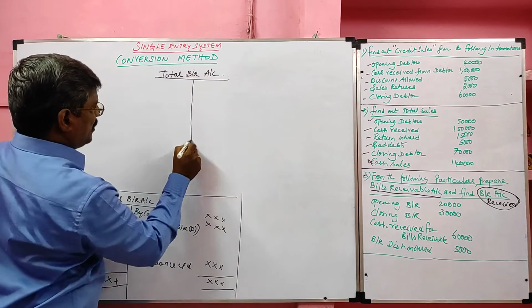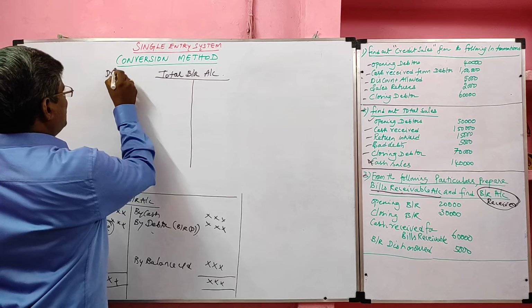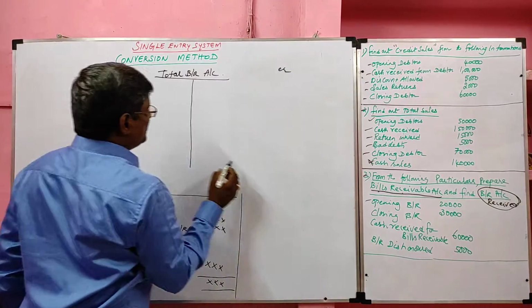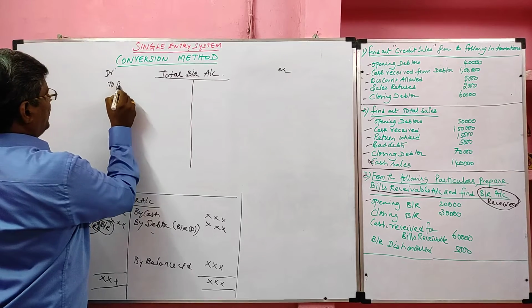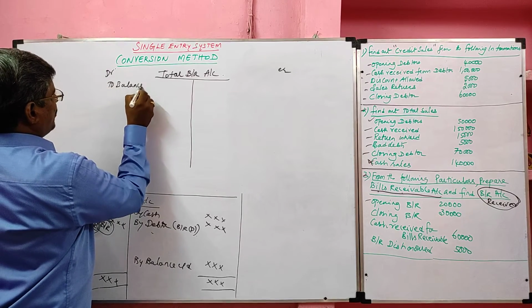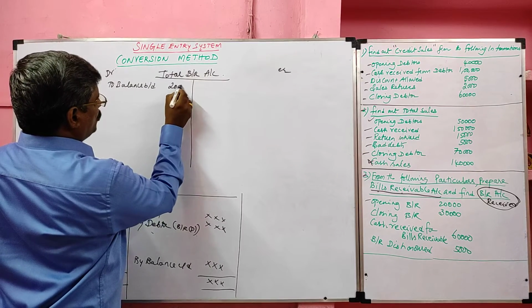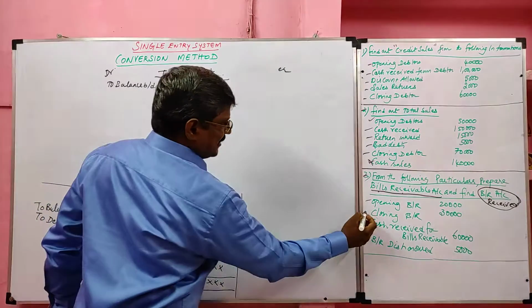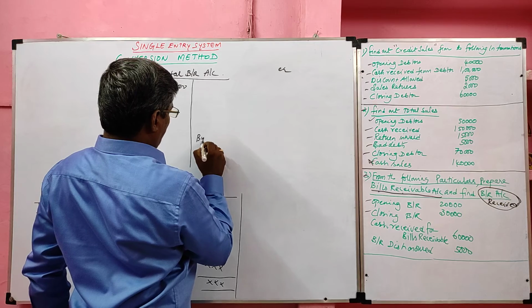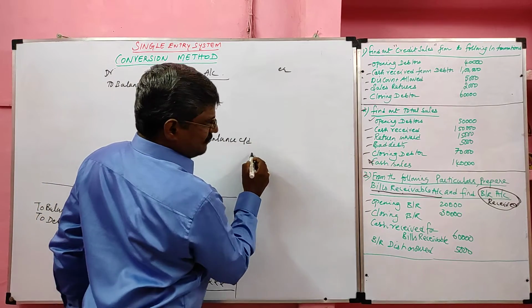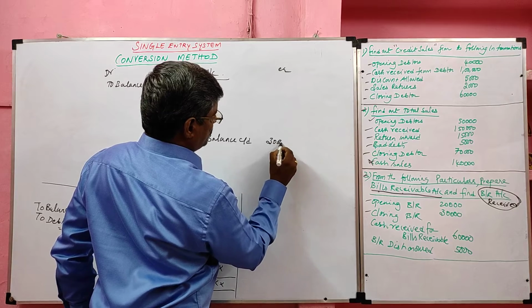Total bills receivable account. This is the debit side, this is the credit side. First item is opening bills receivable. It will be on the debit side. We should write to balance BD. Opening balance of BR, how much? 20,000. Next, closing balance of BR, 30,000.